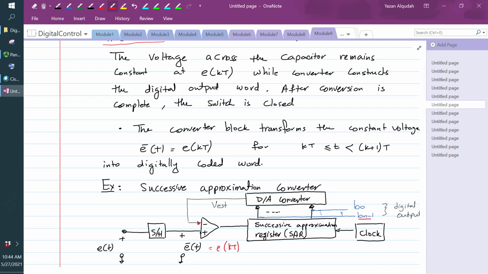Therefore, it's going to determine all the bits that need to be turned on in order to get the digital code. And of course, it's going to do this before the new sample comes in. So all this calculation happens before a new sample comes in, and that will give me the digital value that approximates the analog value.